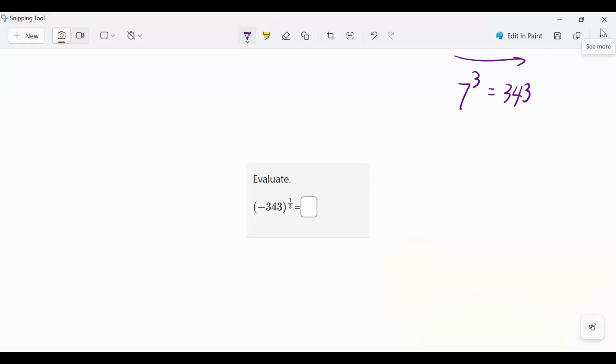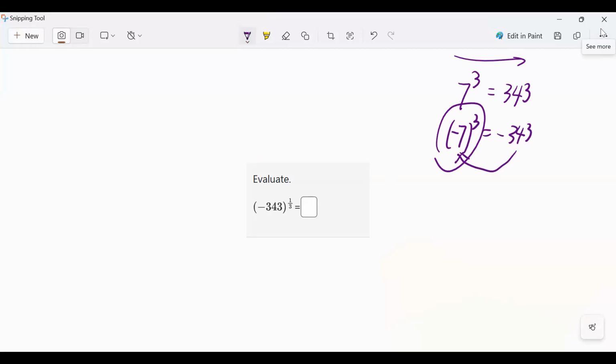Something we usually use, but we get experience when we practice more problems. So basically, negative 7 cubed will be negative 343, and you're probably going to use this number right here. This is what we want.